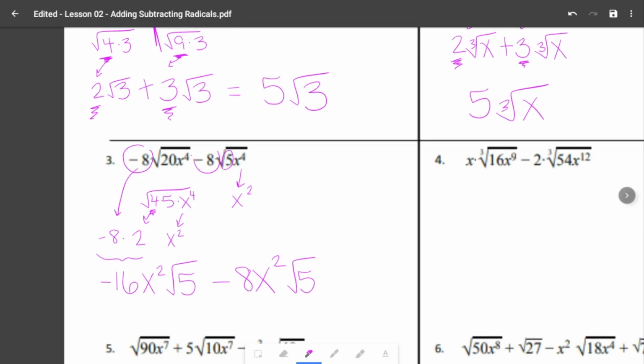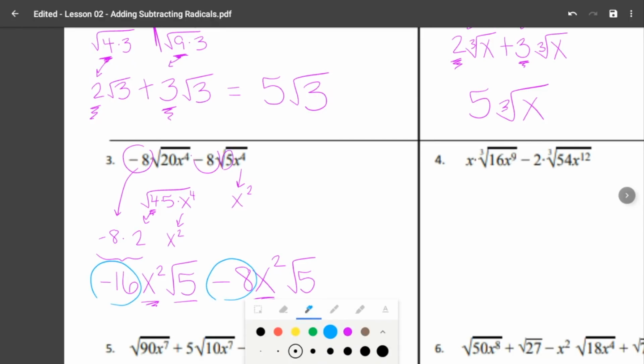So now combining, we have like radicals, and we have the same variable with the same exponent. So all we need to do is combine the coefficients from the front. We have a -16 and a -8.